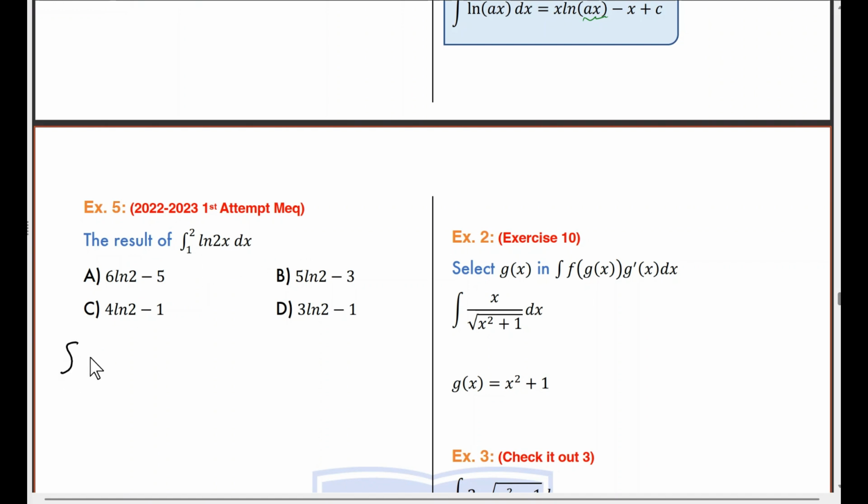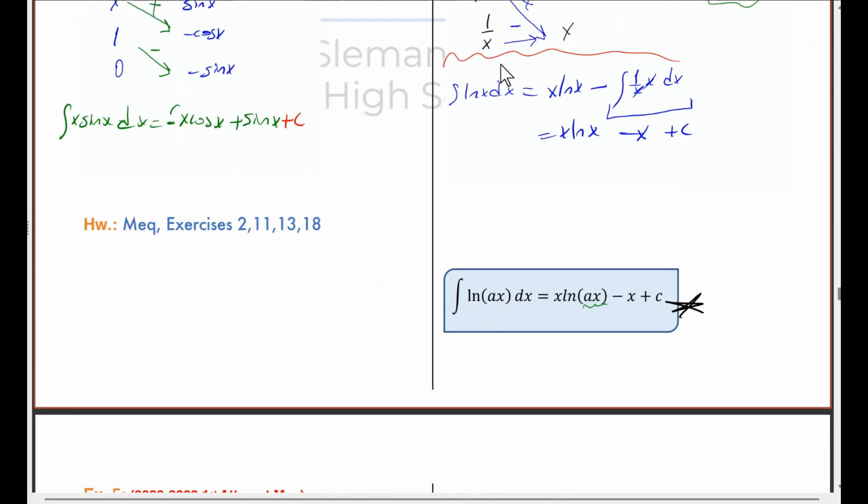The formula for the integral of ln 2x dx is x ln of whatever x minus x plus c.